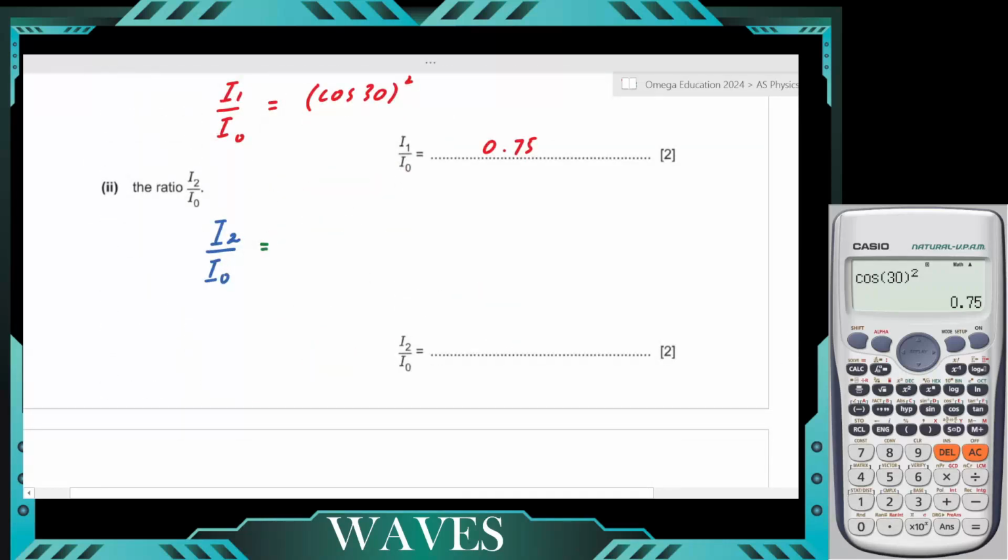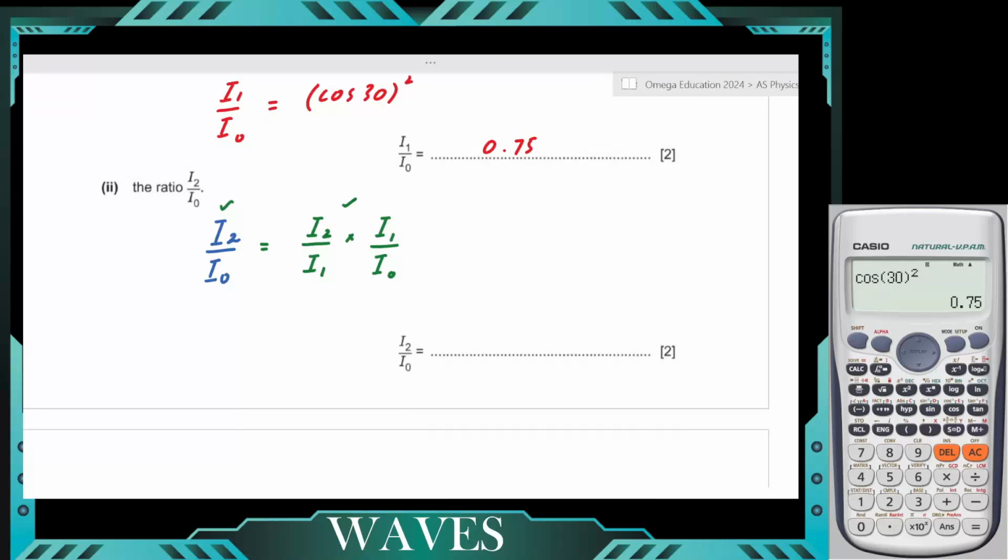So let me do a mathematical trick here. I'm going to write I2 over I0. Now this can also be written as I2 divided by I1 times I1 divided by I0. First of all, mathematically, the left hand side and right hand side are consistent. There is no violation of the mathematics. And the advantage is, in this way, we don't have to bypass the two filters at the same time.